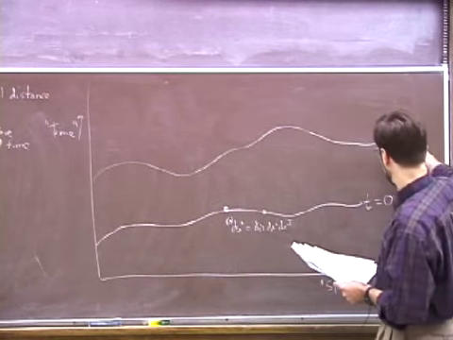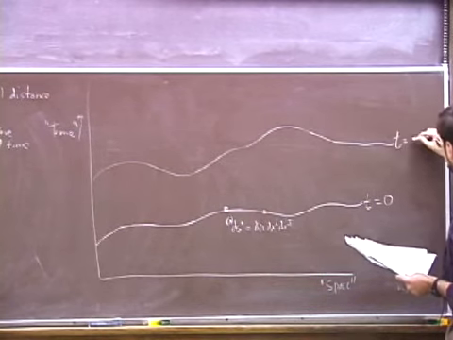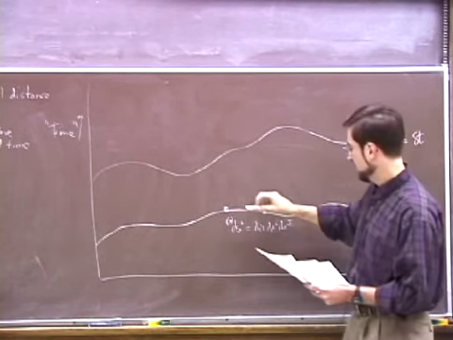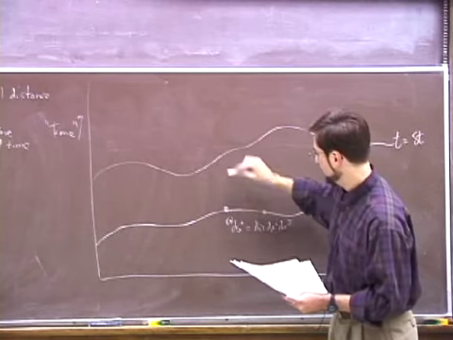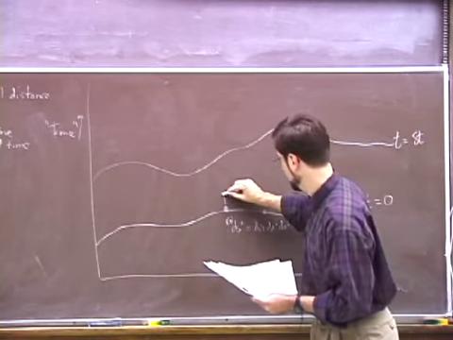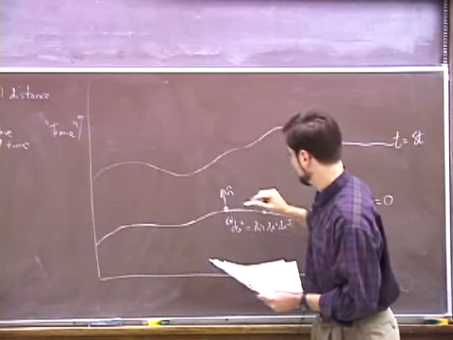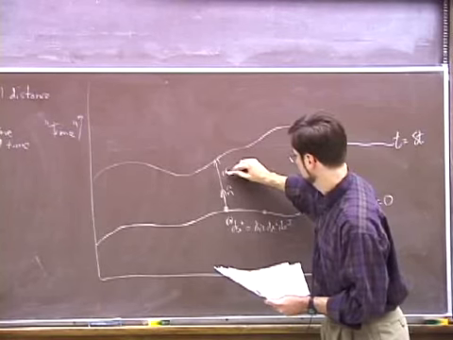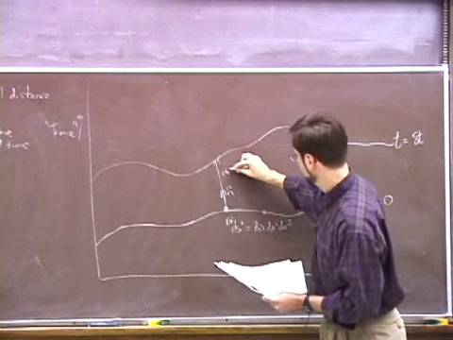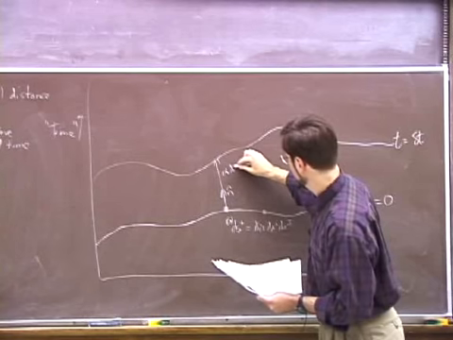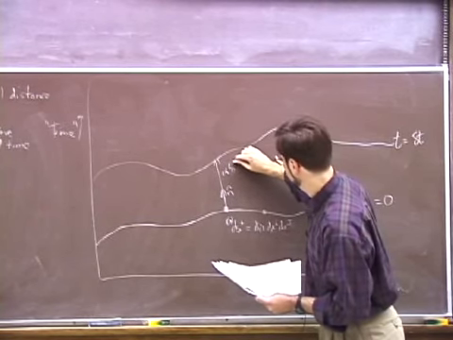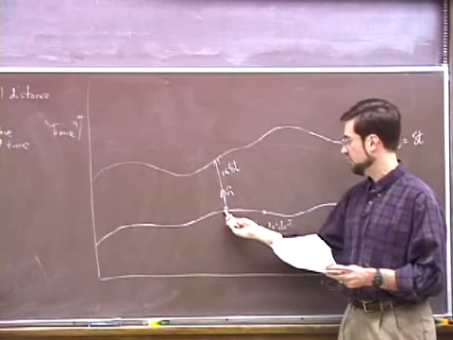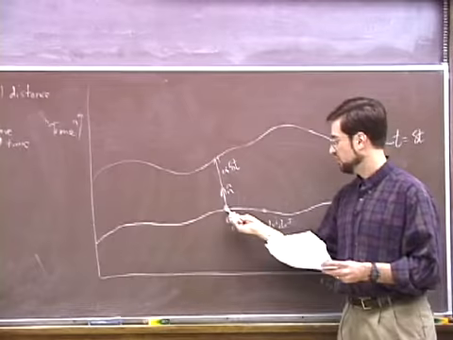and suppose I have another surface that I call t equals delta t. Then if I want to be able to get from here to here, I draw a normal vector, and I follow that normal vector by a distance alpha delta t, where alpha delta t is now the proper time that it takes to go from here to there.